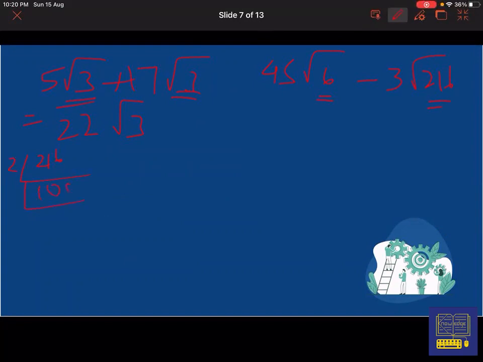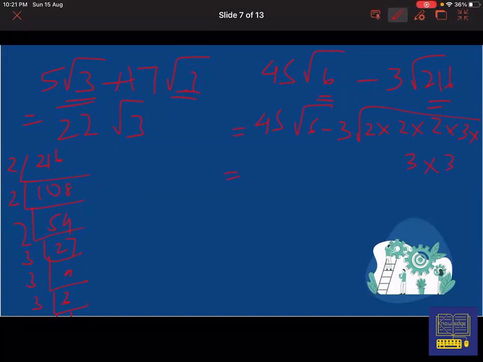That's 108, 54, 27, 3 times, 9, 3 times, and that's 1. So we get 45 root 6 minus 3 into 2 into 2 into 2 into 3 into 3 into 3, right?